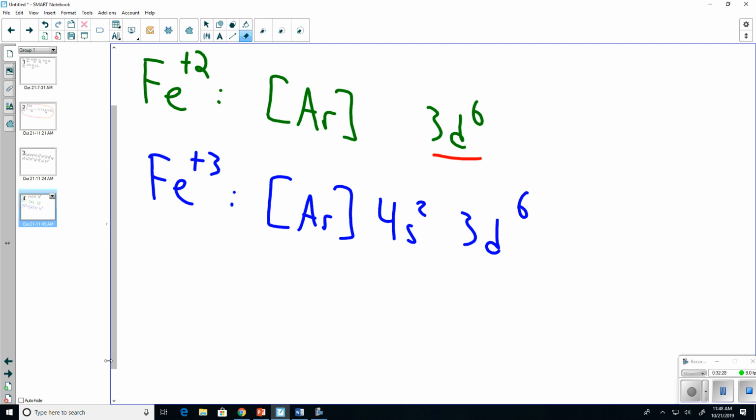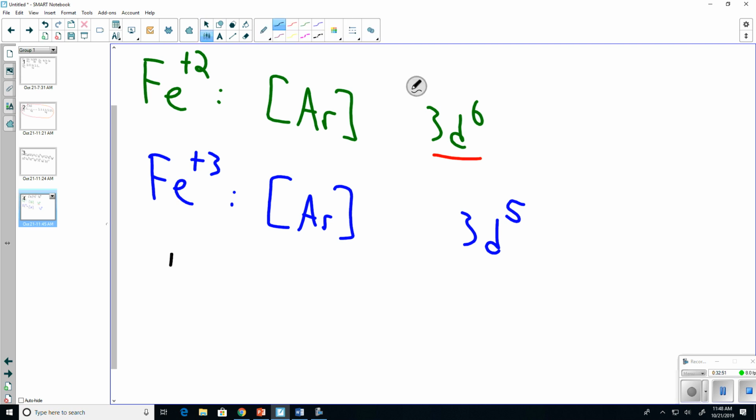Well, the first 2 are going to be the outer shell, the 4th shell. Remember that fancy term, valence. There's 1 more electron that has to be lost. It must be from the 3d. So no longer is that 3d6. It's 3d5.